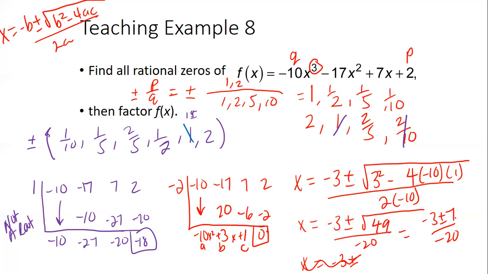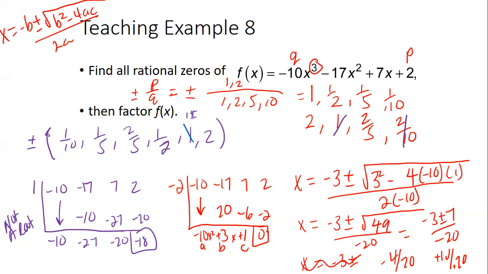What's -3 plus 7? 4, guys, 4. So 4/20. What's -3 minus 7? -10. Based on a negative times a negative divided by a negative is a positive.